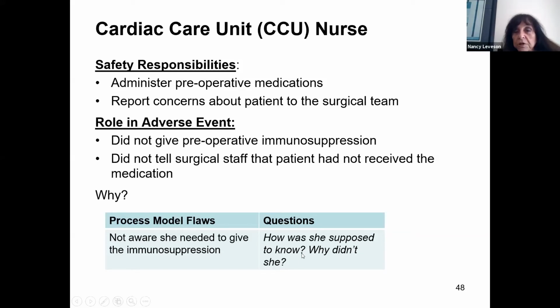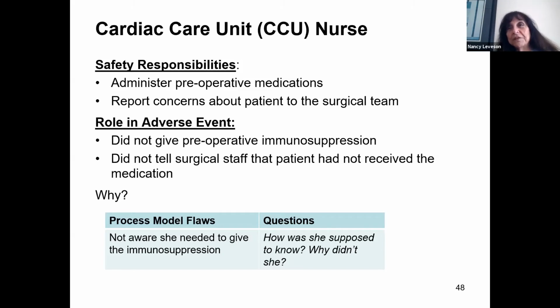How was she supposed to know? Why didn't she know that? And as it turns out, it's related to this order entry. Remember I talked about these electronic orders. They give this list of orders in the electronic health record, but there's no indication of who's responsible for what in the orders. It just says it has to be done.